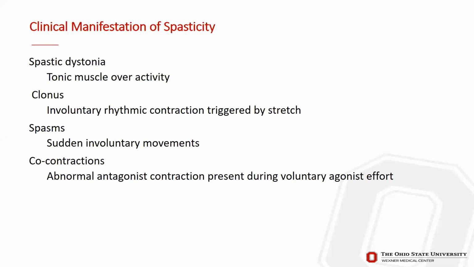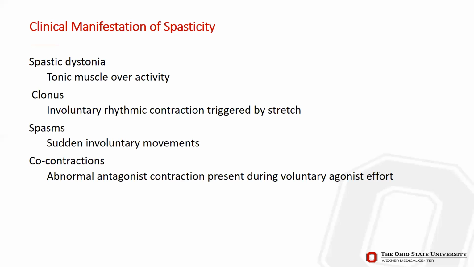And then there are co-contractions, where there are abnormal contractions between the agonist and antagonist. For example, your biceps muscle flexes your elbow and your triceps muscle extends your elbow. So if your biceps is super strong and contracting, but your triceps is trying to contract against it, there could be a co-contraction, and you could see that difference as well.